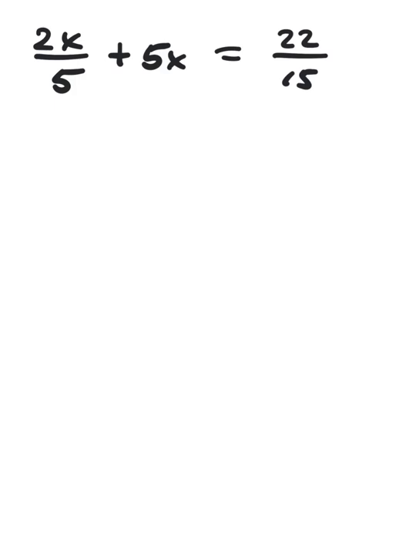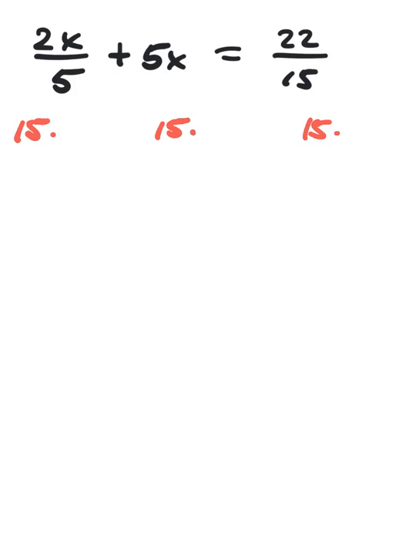In this one, I'm going to use 15 just because it also is divisible by 5 and 15 evenly, and it's just smaller than 30. But again, as long as the number you pick is evenly divisible by all of your denominators, then you're okay.